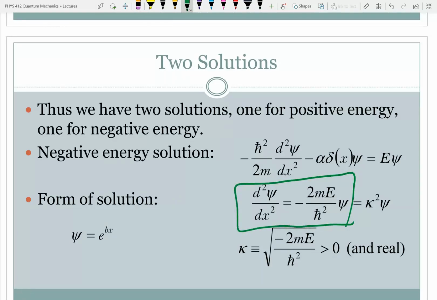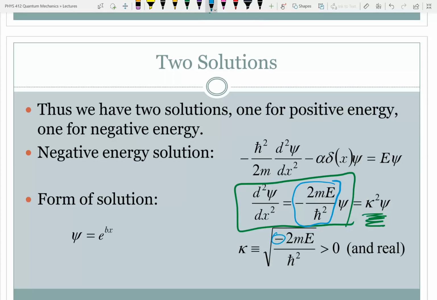And then we simply defined kappa to make it easier to write. So this part to the right here is set equal to kappa squared, so it's easier to write. And so kappa is the square root of, notice the minus sign is in there because E is negative.